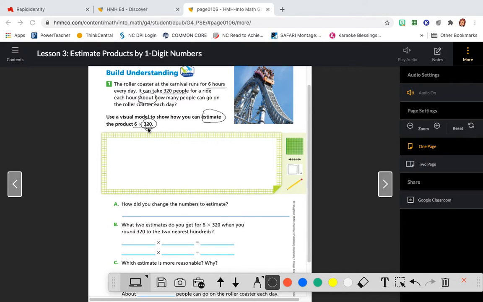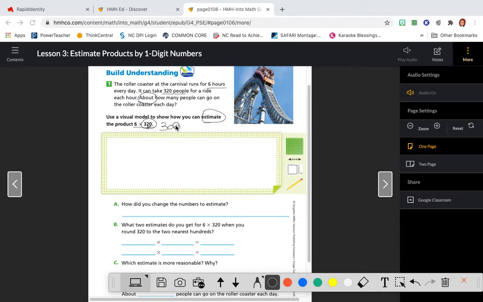So that's 320. And I'm going to decide, is 320 closer to 300? If I'm rounding to the hundreds, is it closer to 300 or is it closer to 400? Looking at the number in the tens place, it's a 2. So that tells me that 320 is closer to 300. So I'm just going to write that up there so I don't forget it.